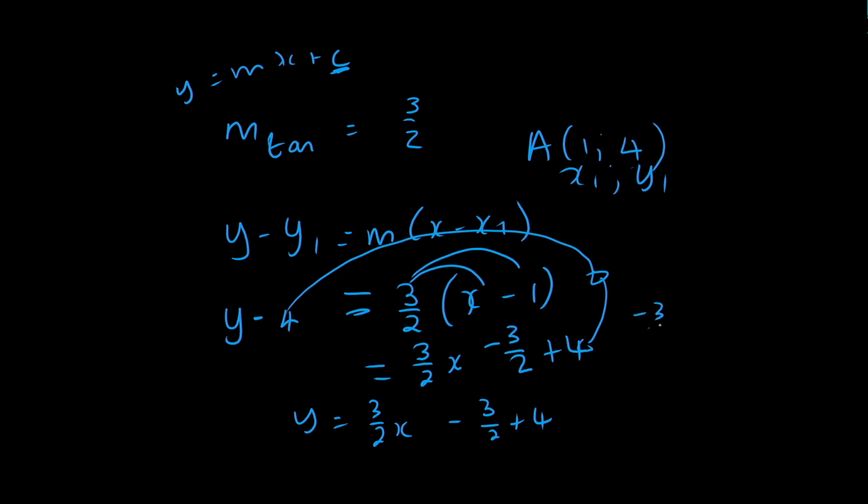So we've got minus 3 over 2 plus 8 over 2. I've just found a common denominator between the two. 8 minus 3 is 5 over 2. So you get y is equal to 3 over 2x plus 2.5, or 5 over 2. All right. And that, guys, is the equation of this tangent line that just touches at the point A.